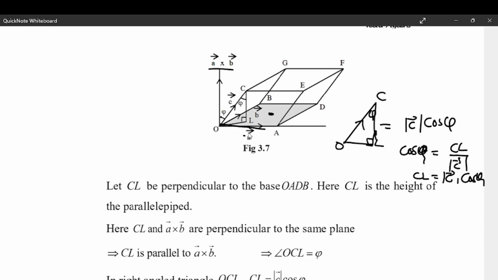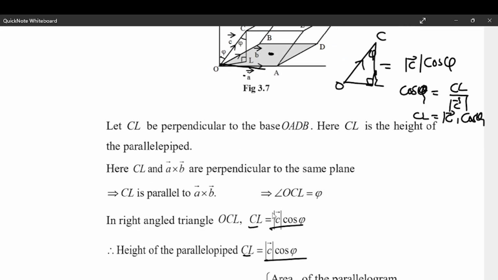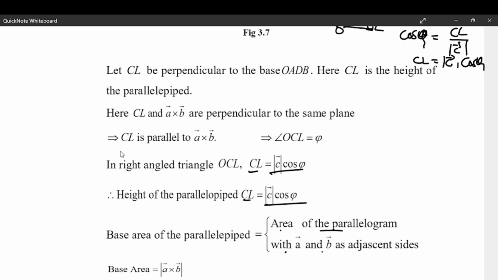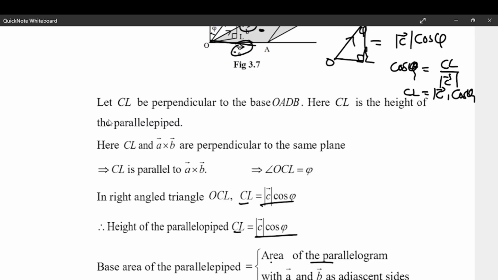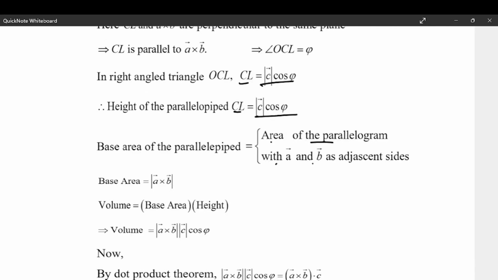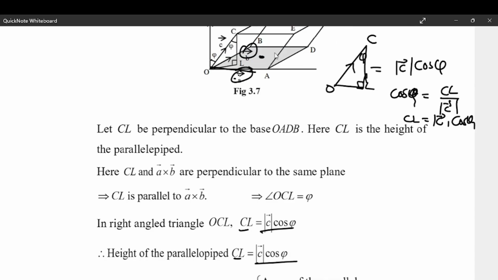And vector A and vector B are the adjacent sides of the base parallelogram. The area equals the magnitude of the cross product of A and B. Now we know that volume is the base area, which is of course the whole of this side.